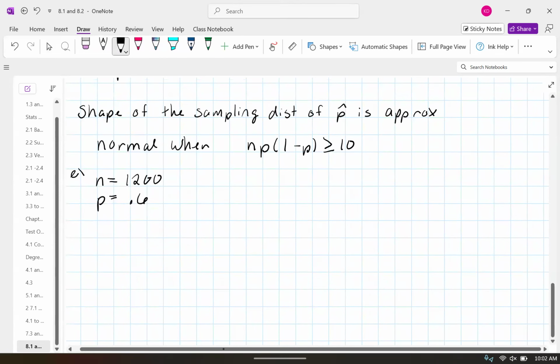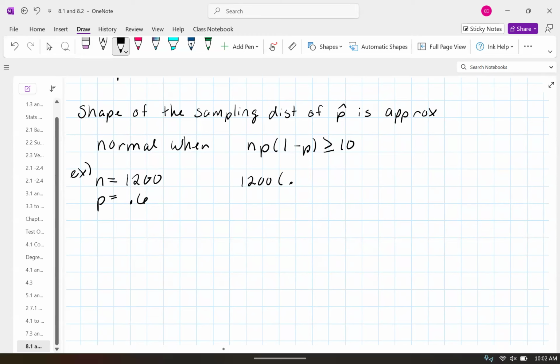So we want to see, is this enough? 1,200 times 0.6, times 1 minus 0.6, gives me 288, which is greater or equal to 10. So as long as our sample sizes are big enough, this is going to act normal. We're happy.